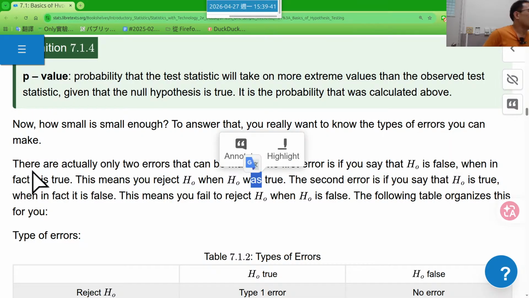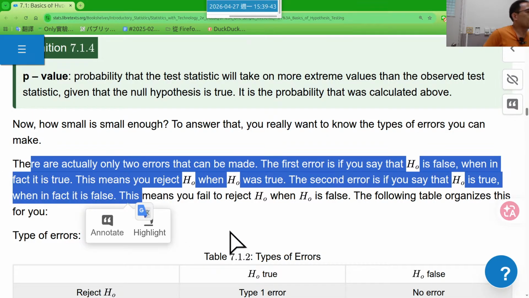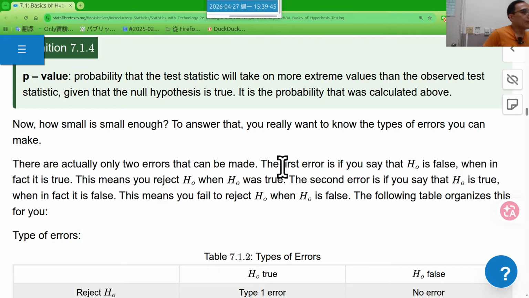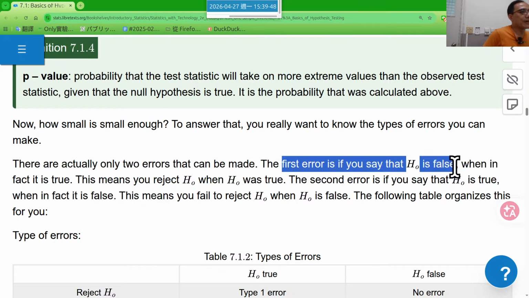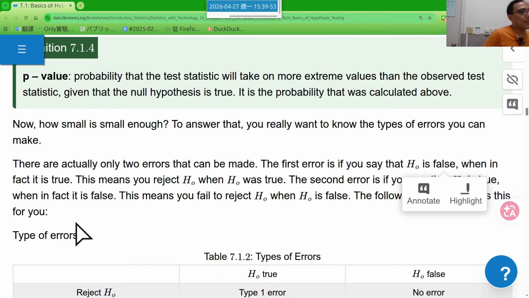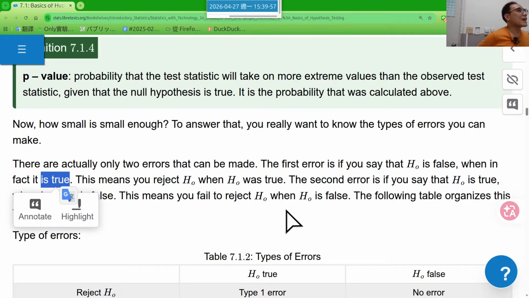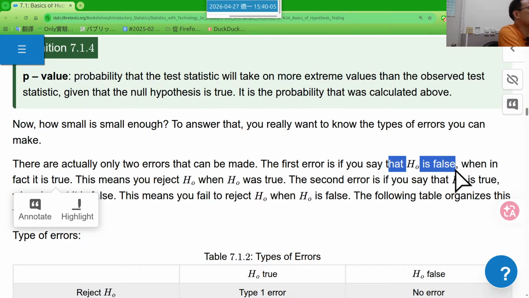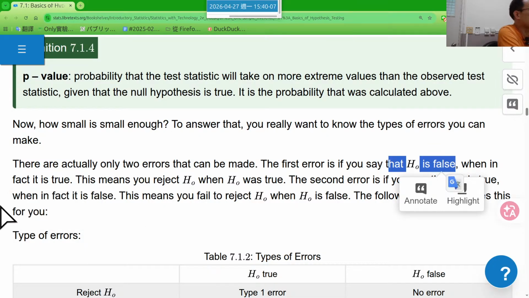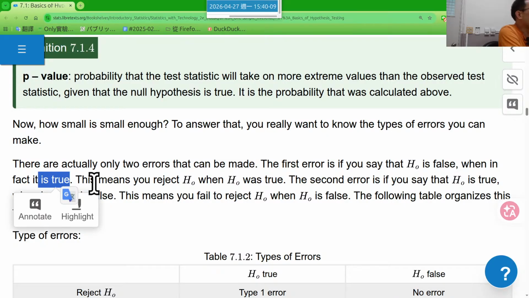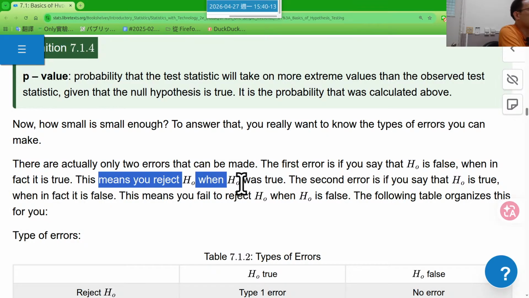There are actually only two types of errors that can be made. First error: you say the null hypothesis is false, but actually it is true. After the calculation, after the evidence, after your estimation, you think the null hypothesis is false, but actually it is true, so you reject the null hypothesis when it is true.